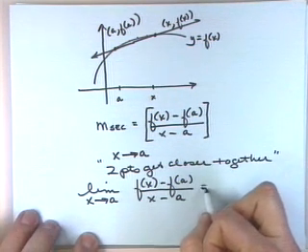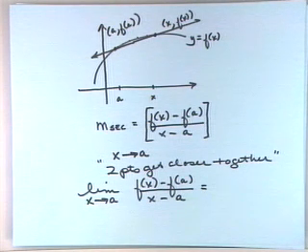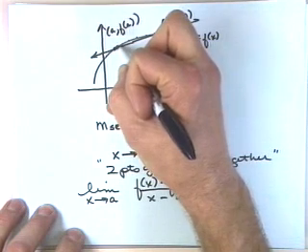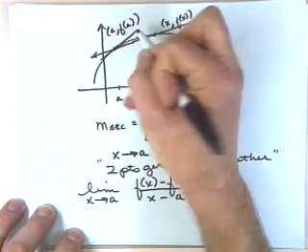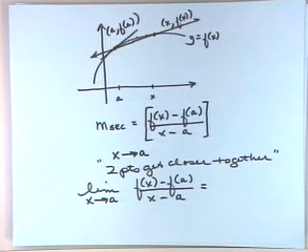And when I do that, the 2 points get closer and closer and closer together. And when this point is right beside my first point, we're not really talking about a secant anymore. We're talking about a tangent.